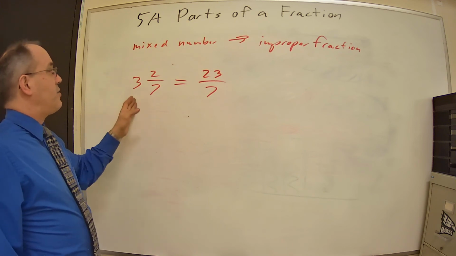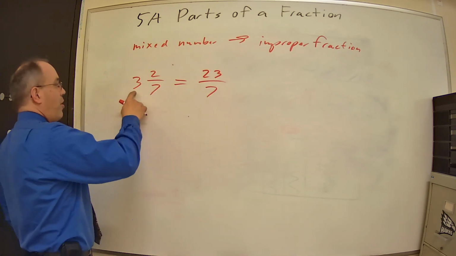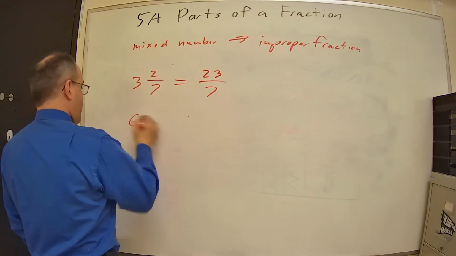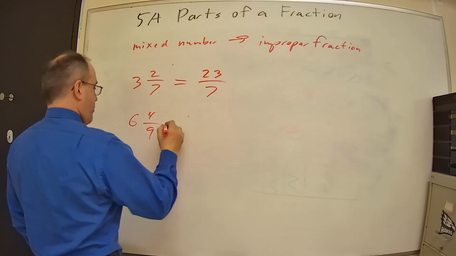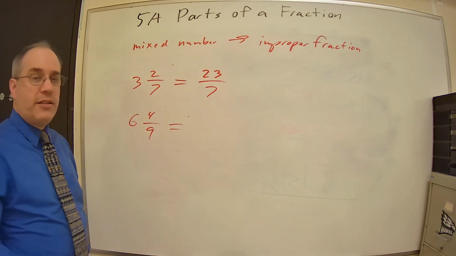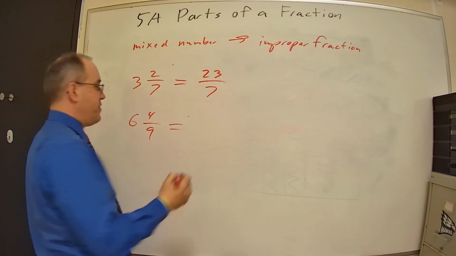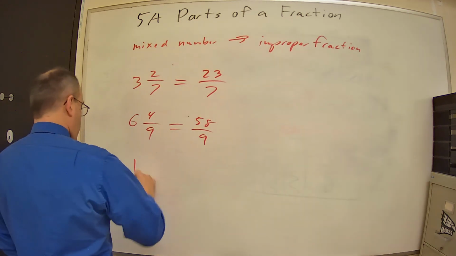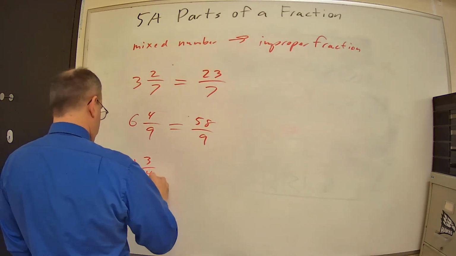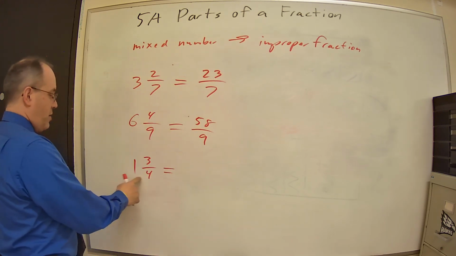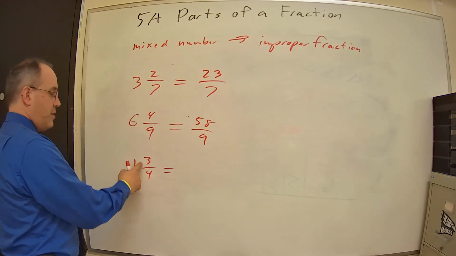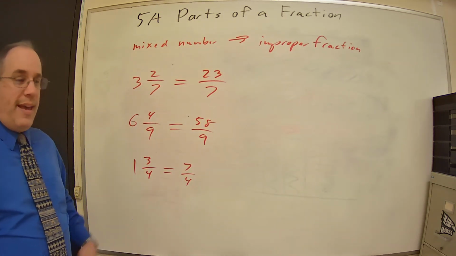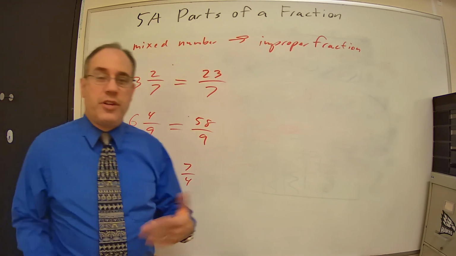So to convert from a mixed number to an improper fraction, we take the whole part and multiply it by the denominator and add the numerator. 6 4/9. 6 times 9 is 54, plus 4 is 58. 58/9. 1 3/4. 1 times 4 is 4, plus 3 is 7, 7/4. And that's it. That's converting mixed numbers to improper fractions.